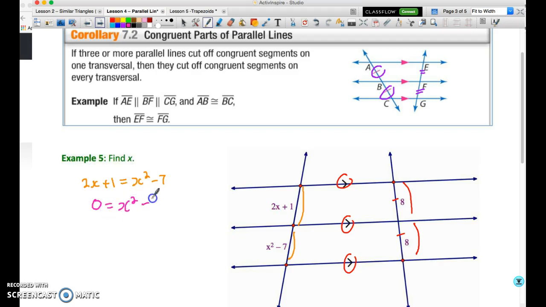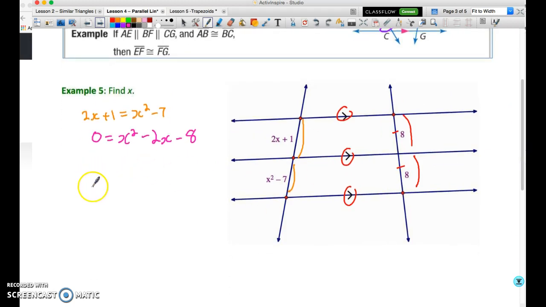I'm going to move 2x plus 1 to the right-hand side and add and subtract the like terms. So x squared minus 2x, and minus 7 minus another one is where I get minus 8. I'm then going to factor that as a trinomial. Some of you will use the box method, others have learned different approaches. We need to find the factors of x squared, which are x and x.